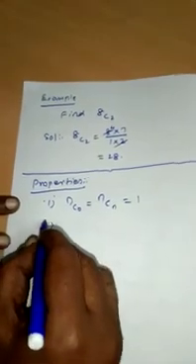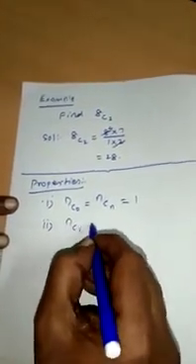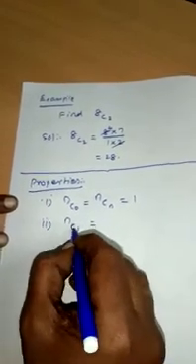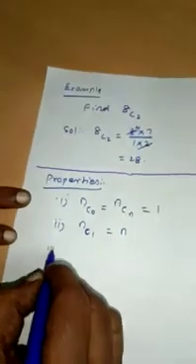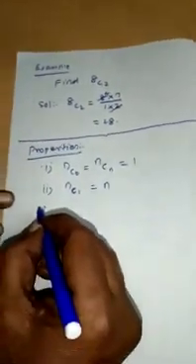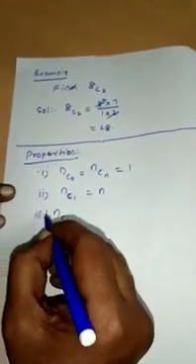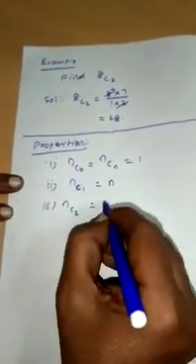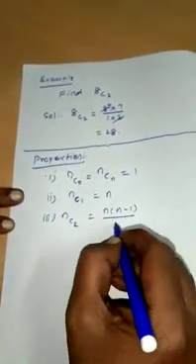Second property, nC1 is equal to n. Third property, nC2 is equal to n into n minus 1 by 1 into 2, that is 2 factorial.